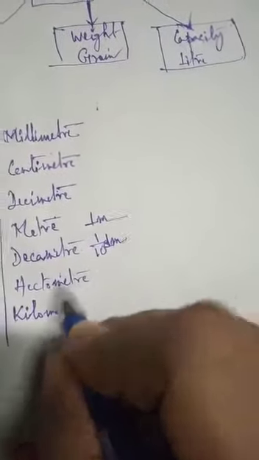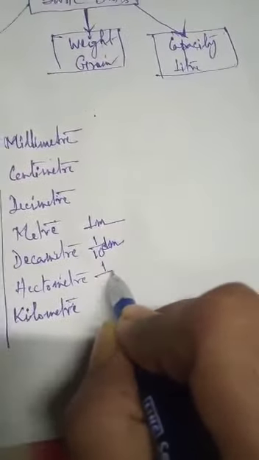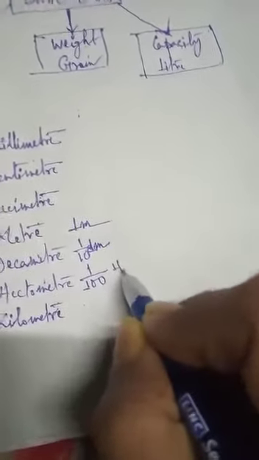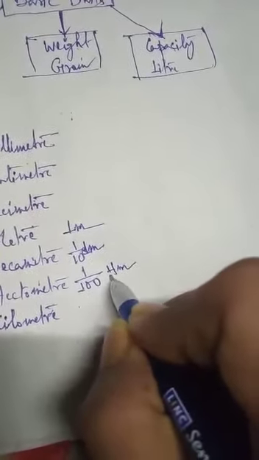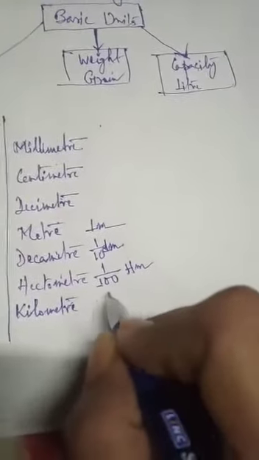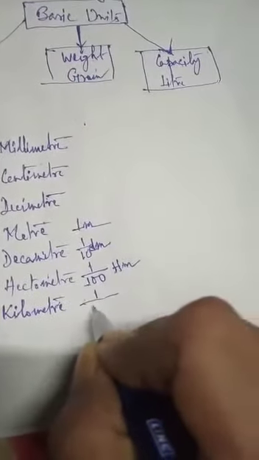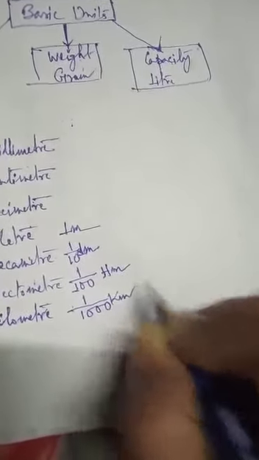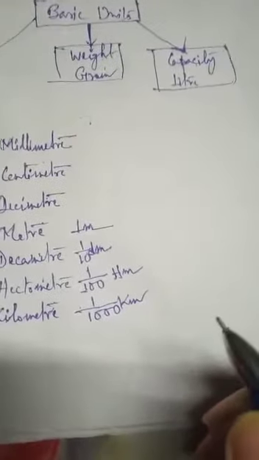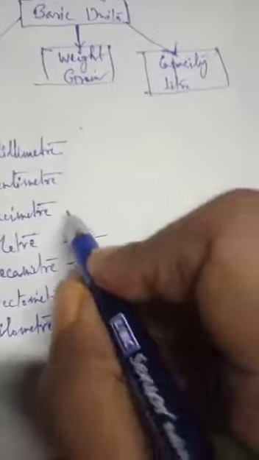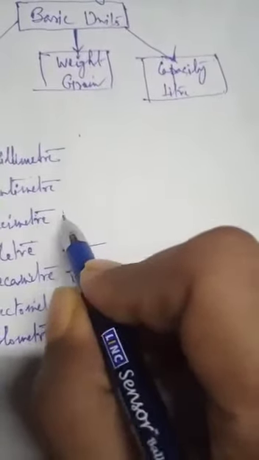What will be its hectometer? It will be 1 by 100 hectometer. And what will be its kilometer? It is 1 by 1000 kilometer.